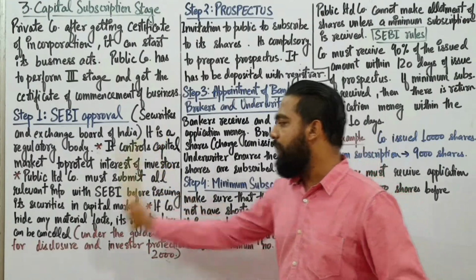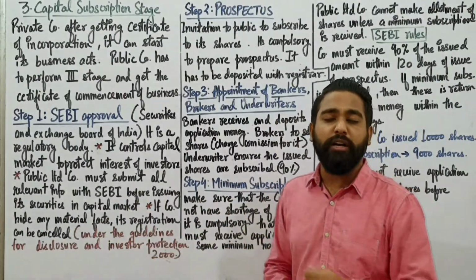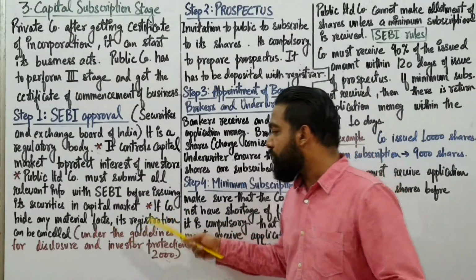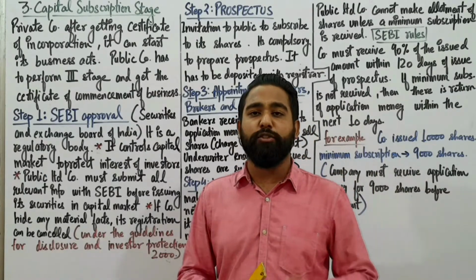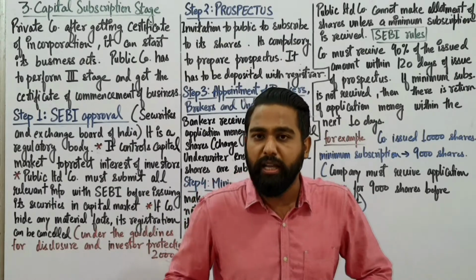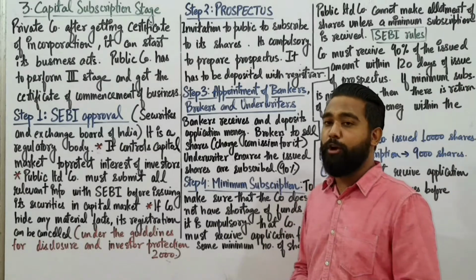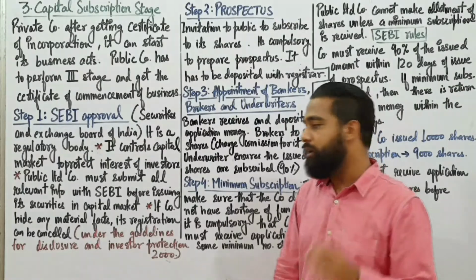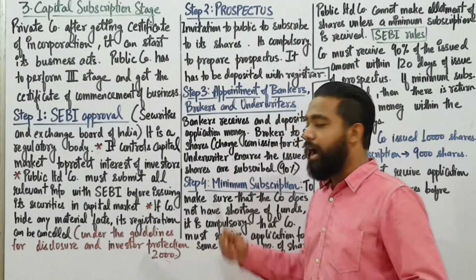Next one, if a company hides any important information or some material facts, its registration can be cancelled. If any public company is hiding some important information, then its certificate of incorporation will be cancelled, under the Guidelines for Disclosure and Investor Protection 2000.